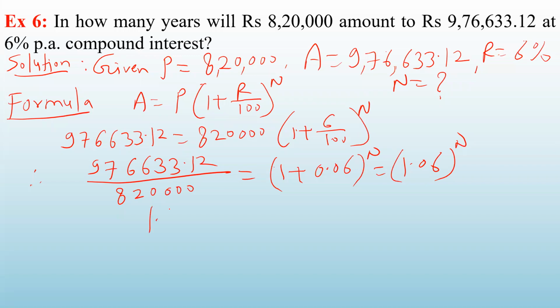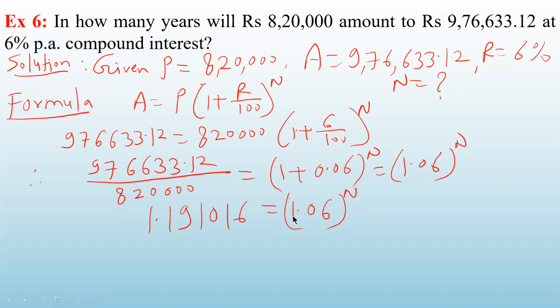This gives you 1.191016. When you divide 9,76,633.12 by 8,20,000, you will get this much. And the right hand side is 1.06 raised to power n. Now you have to find out the value of n.